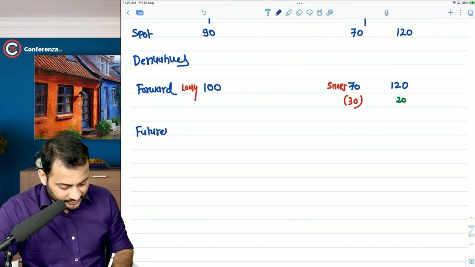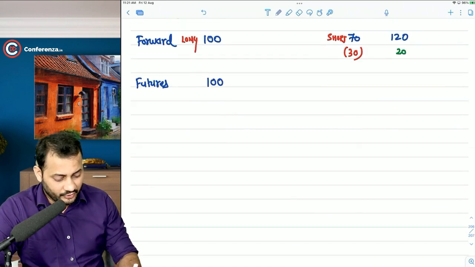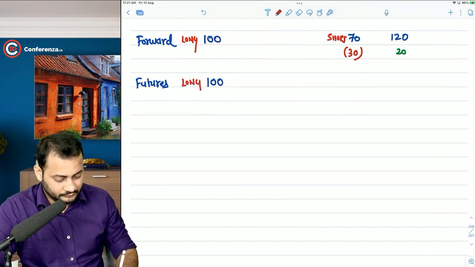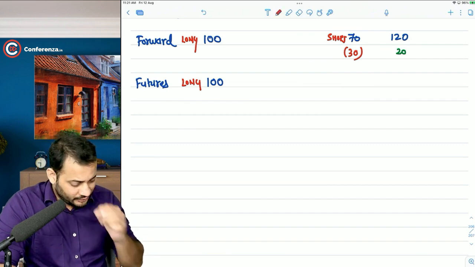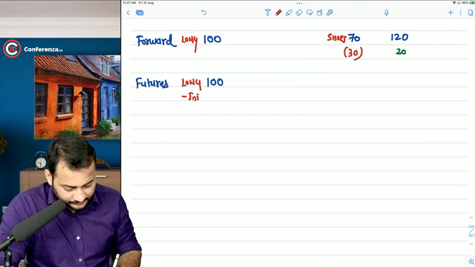Now let's do the same transaction in futures. The futures price of the XYZ asset is 100 and you want to take a long position in that. What will happen? It's very simple, sir. The only thing that you have to pay at the very beginning in order to open this position is the initial margin.